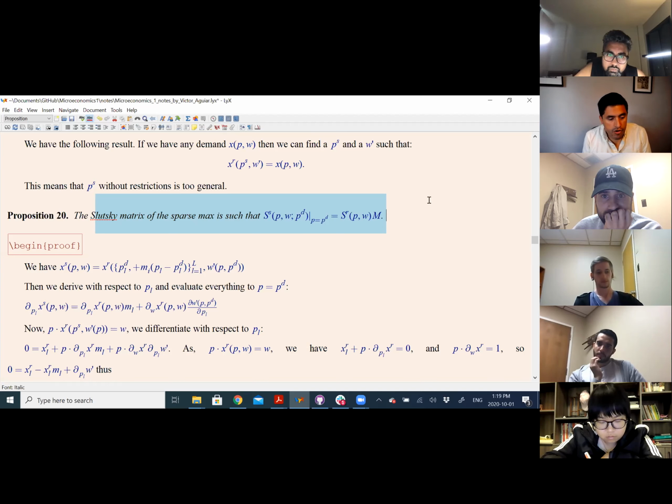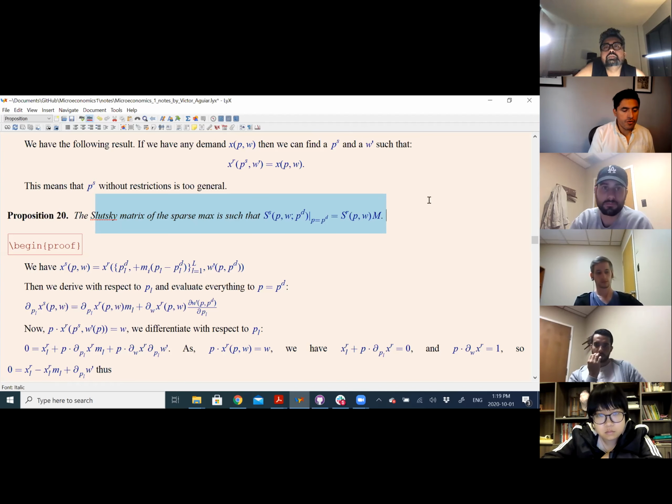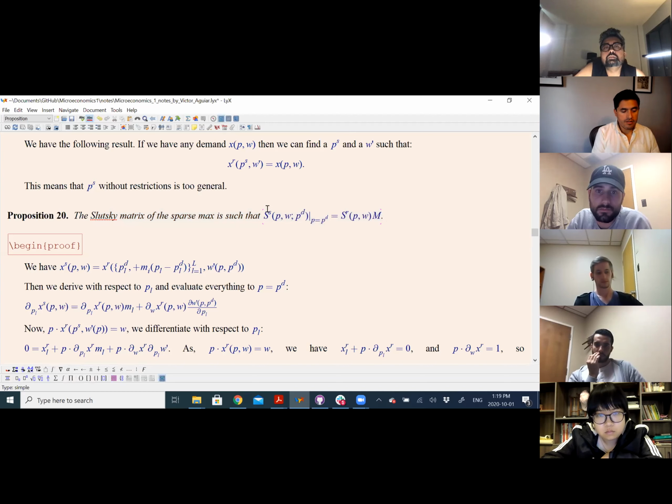Now, this model, of course, is going to be different from rationality. So how different? What I'm going to prove is this: if I take the Slutsky matrix of the Gavex demand, then this is going to be equal to the rational one multiplied by a diagonal matrix.